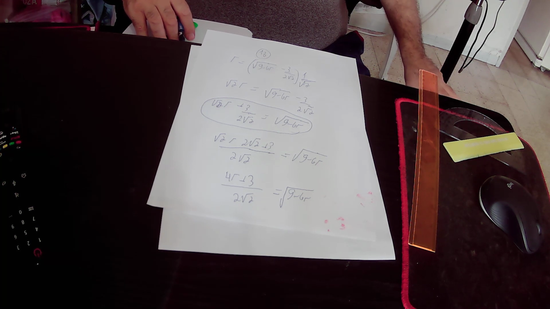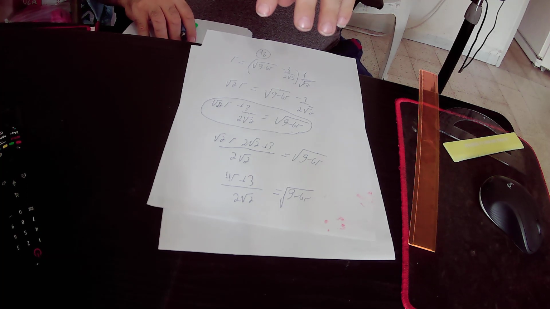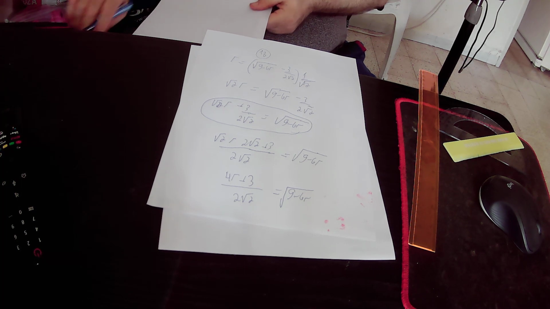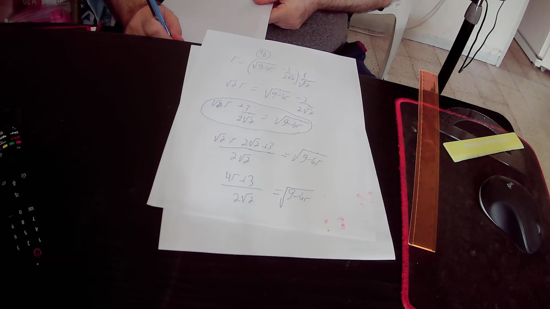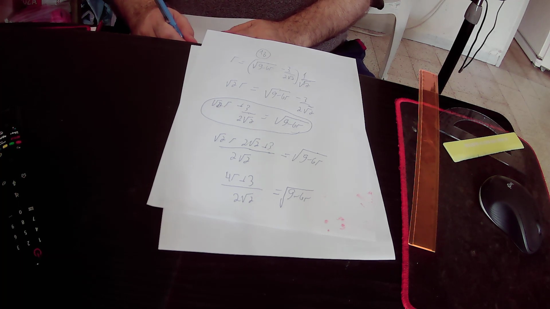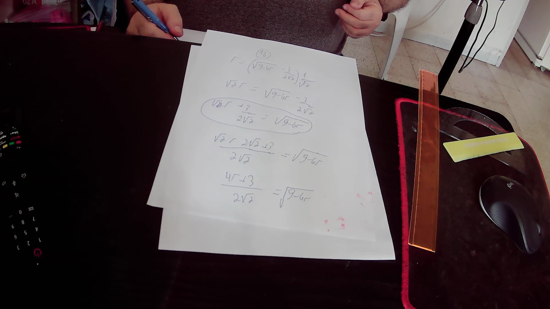Here we will square this equality in both sides. We will get that 4r plus 3 squared over 2 times root 2 squared. 2 squared is 4, and root 2 squared is 2, so 4 times 2 is 8.